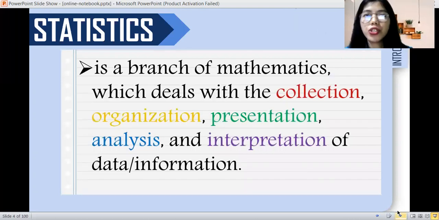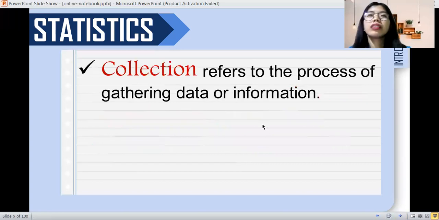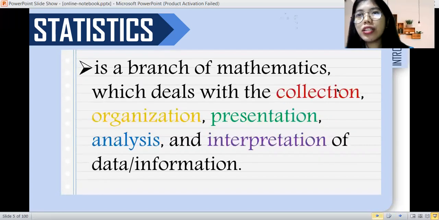Statistics is a branch of mathematics which deals with the collection, organization, presentation, analysis, and interpretation of data or information. So, sa statistics daw, we have here 5 processes: the collection, organization, presentation, analysis, and interpretation.